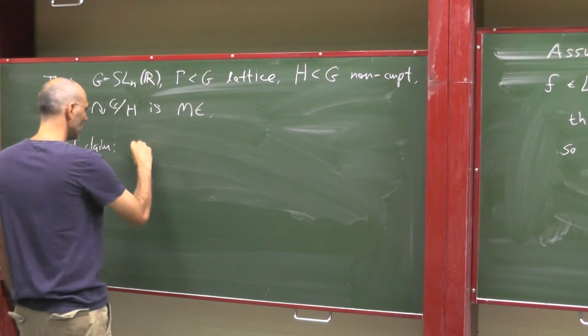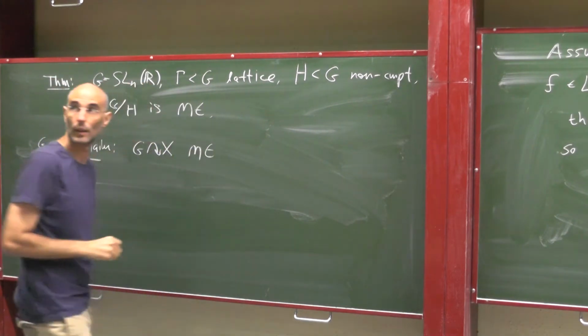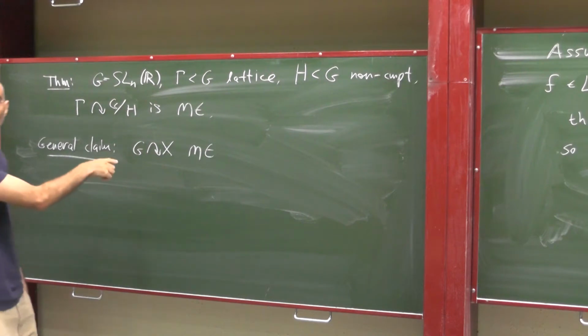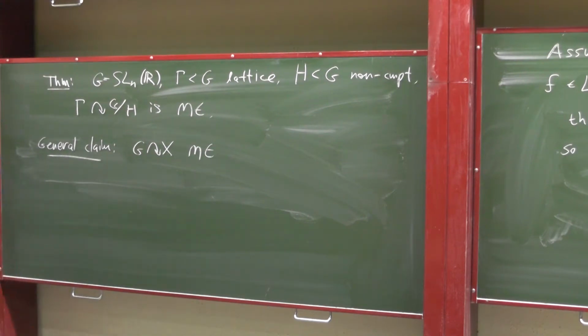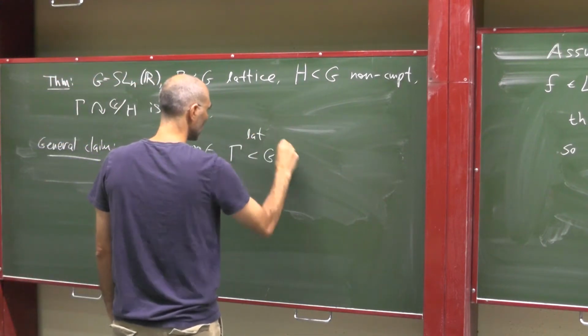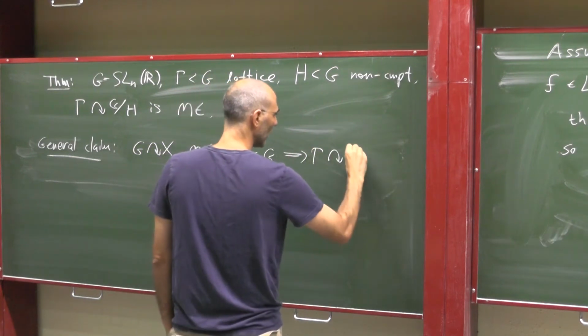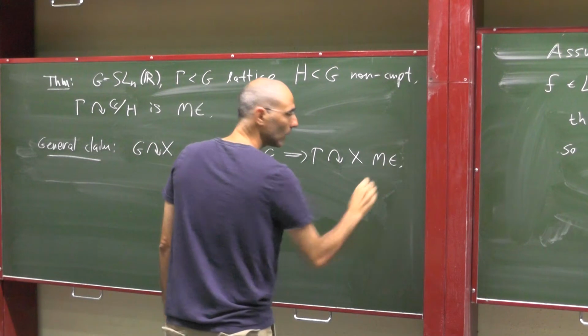So if G acts on X metrically ergodically, not necessarily probability measure preserving here, and gamma in G is a lattice, then also the action of gamma on X is metrically ergodic.